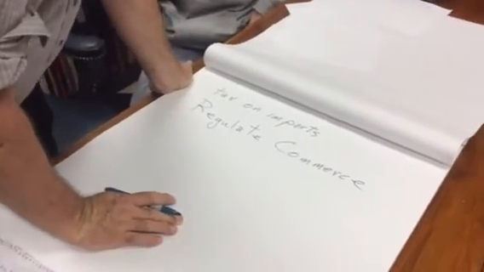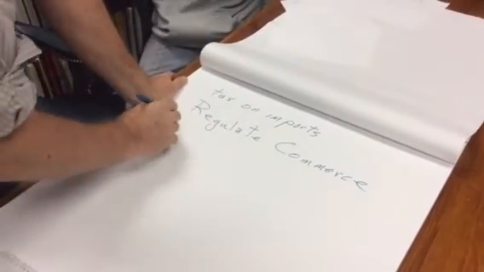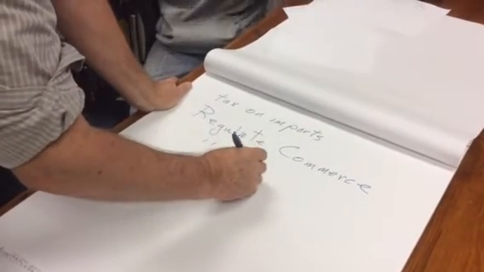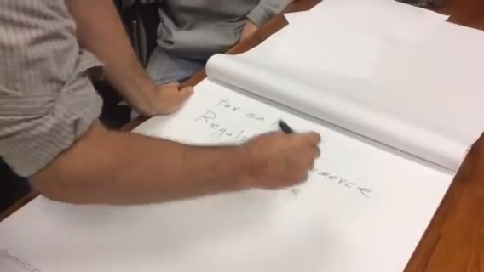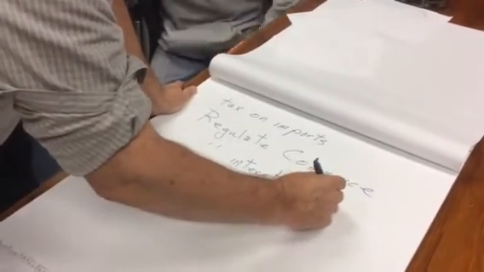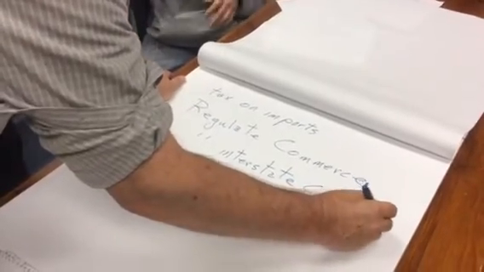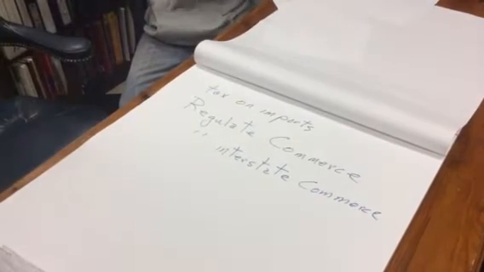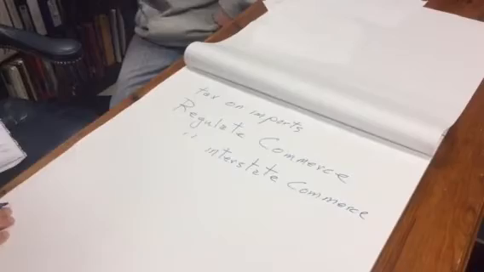They could not regulate international commerce, but they couldn't regulate interstate commerce either. Now, this was important because this caused Americans to lose jobs in competition with people from foreign countries.